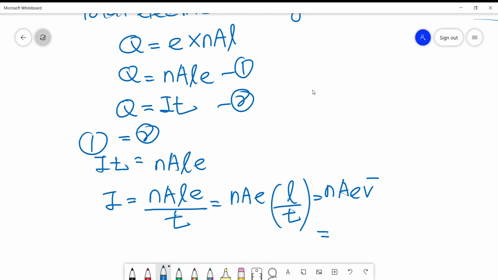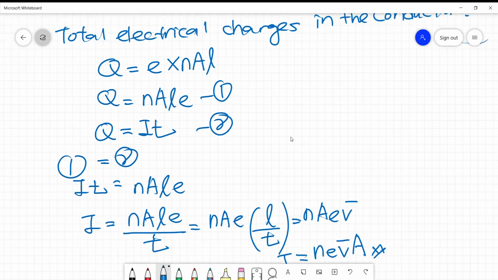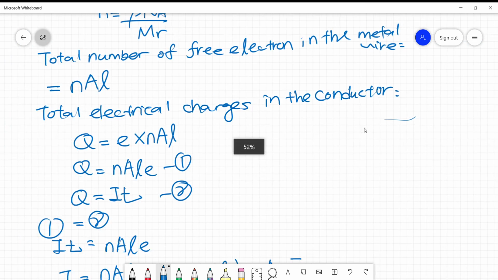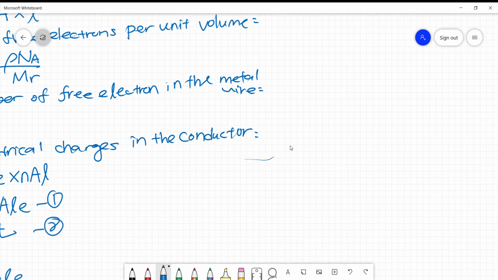If I arrange it in the form that I remember, it is I equals nevA, with v the drift velocity. This is the relation between the electric current and the drift velocity. So we have done the drift velocity, and let's move on to some example questions.